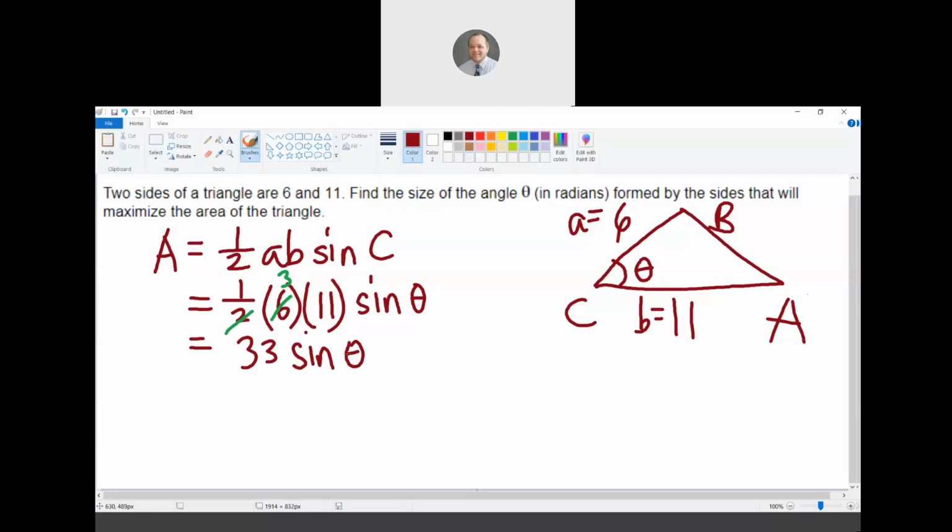Now, we need to take the derivative. So the derivative of 33 sine theta is 33 cosine theta. Although there's a trig function present, we still need to find any critical values by setting our first derivative equal to 0.